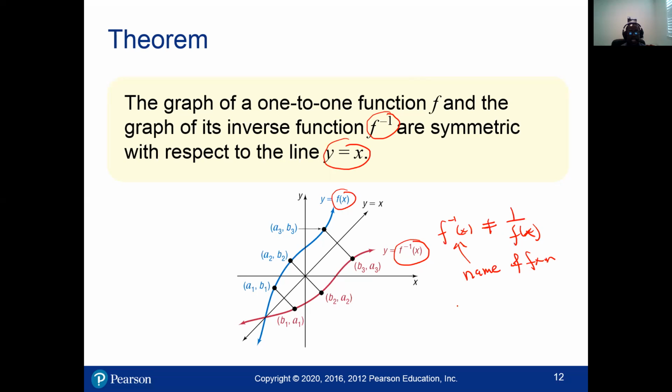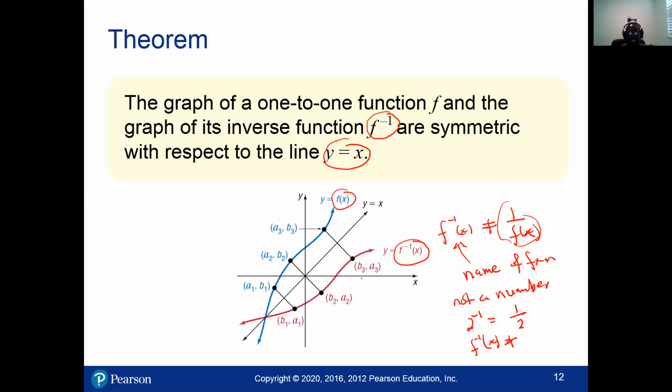It is not a number. If it were a number, then 2 to the power of -1 would be 1 over 2, the reciprocal. But with a function like this, it is not equal to that. So take note of that.